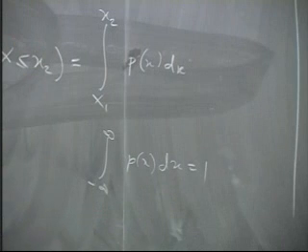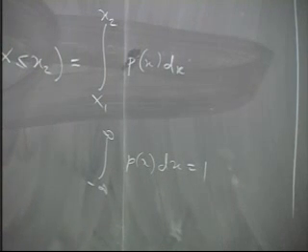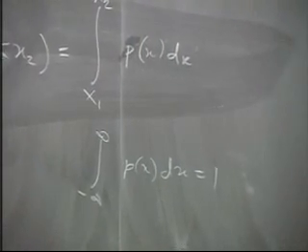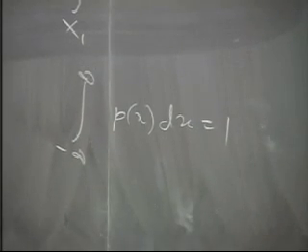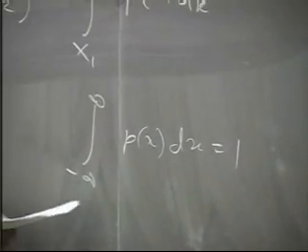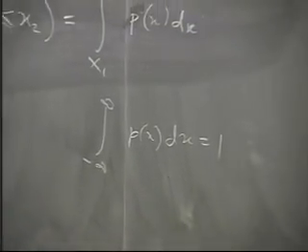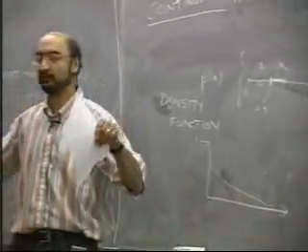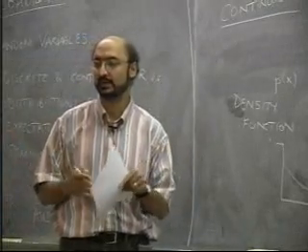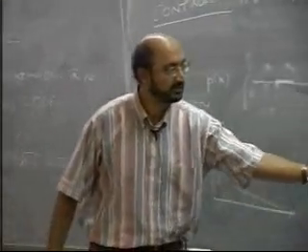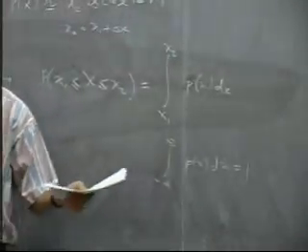Okay? So over the entire real line, no matter what the continuous function is, no matter what the probability function is, it has to be the case that the probability adds up to 1. Now, of course, it may be 0 for very large portions of it, and it may be only defined in a subinterval like 0, 1, but that doesn't matter. This equation is going to be true always, right?